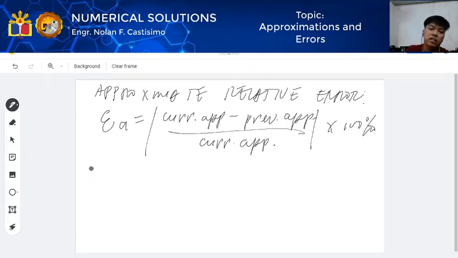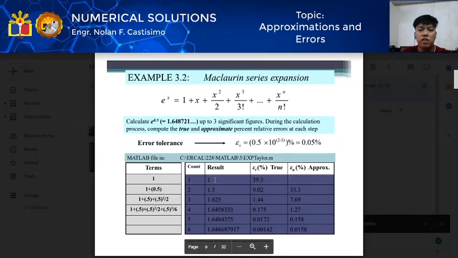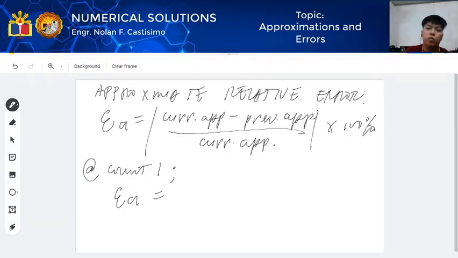So, at count 1. Count 1. So, ayan. So, EA, anong current approximation natin? Ang current approximation natin, just itong 1.